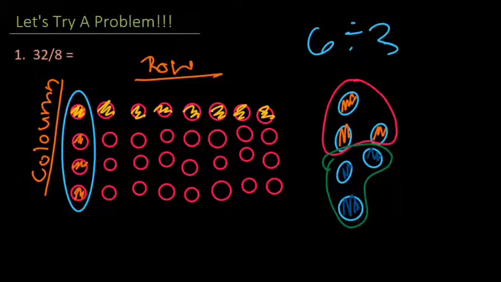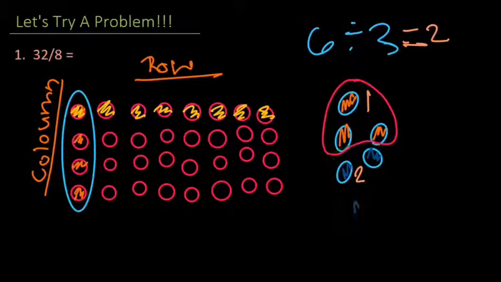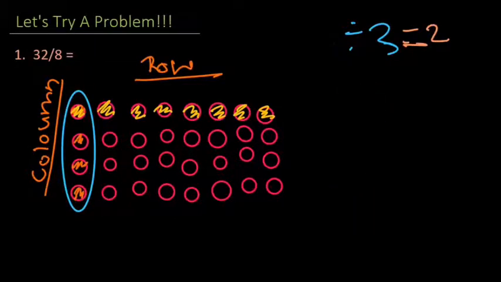Now I count to see how many groups there are: 1, 2. There are 2 groups. So that means 6 divided by 3 equals 2. That is how we can also solve it when it's just randomized circles like this. But these are in order and they're all even, so it's so much more convenient and easier for us.